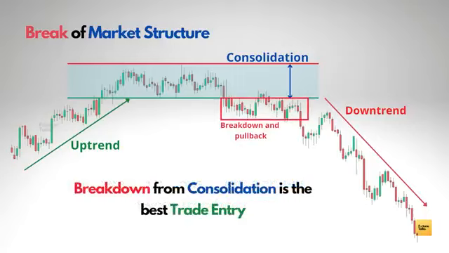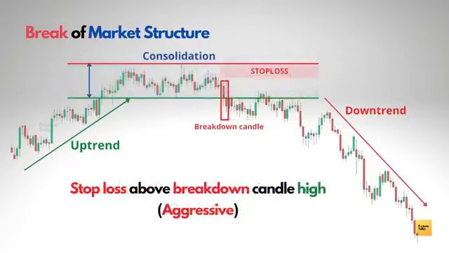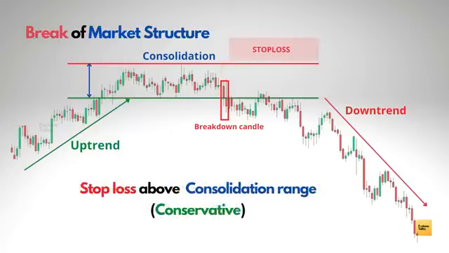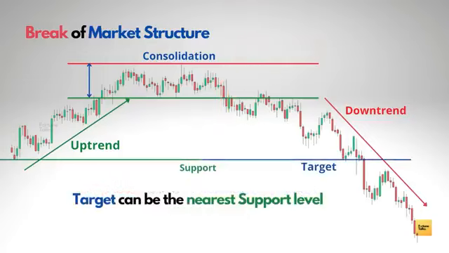This time, when the price breaks out of the consolidation or the distribution stage and moves lower, is actually the best short trade entry for a reversal. In case of a tighter stop loss, you can keep the stop loss above the breakout candle high, and to be much safer and to avoid deep pullbacks, you can even place the stop loss above the consolidation range. The target in this case will be the nearest support level.